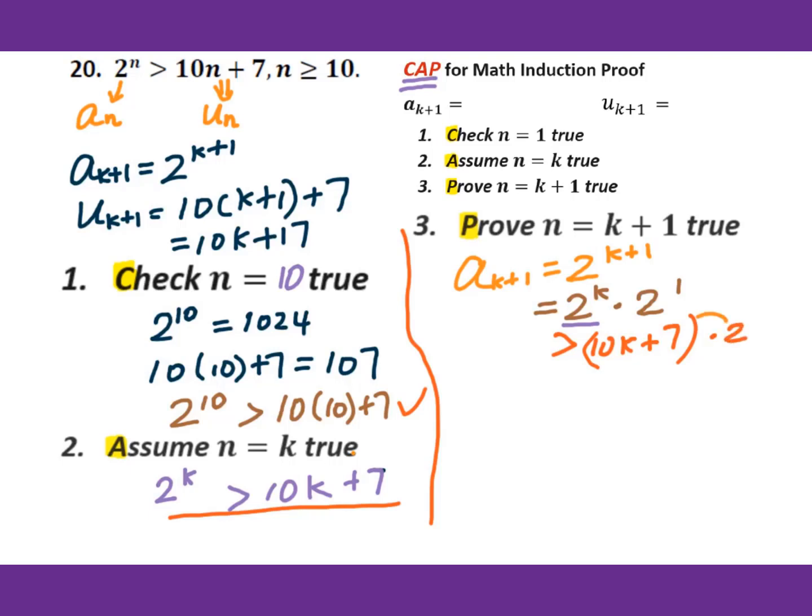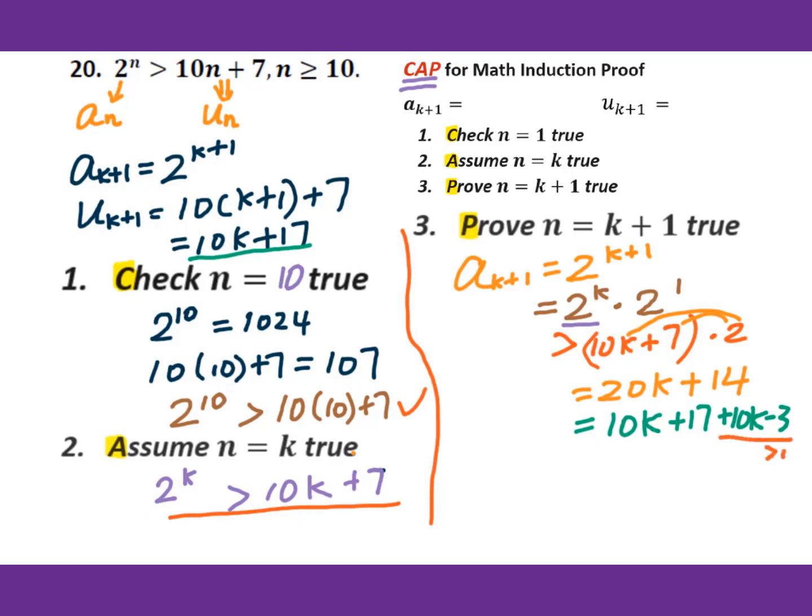We do the distributive property. We got 20k plus 14. We want to prove a sub k plus 1 is greater than 10k plus 17. Therefore, I will create the 10k plus 17 first, and then plus 10k minus 3, because 10k minus 3 is greater than 0.